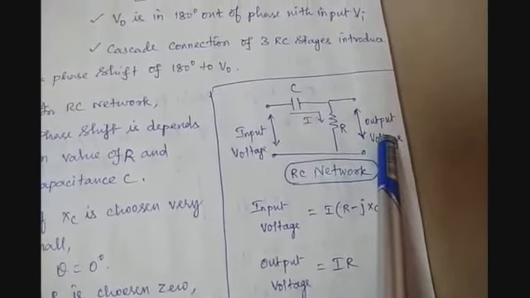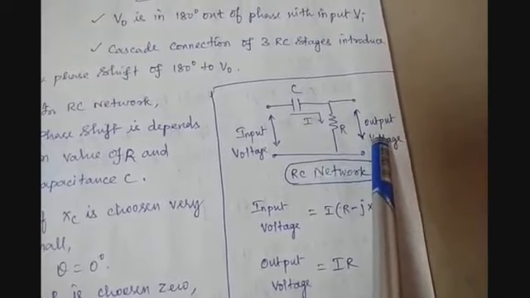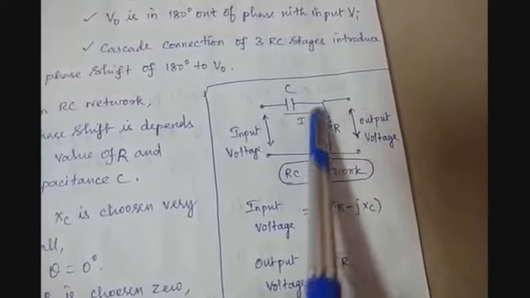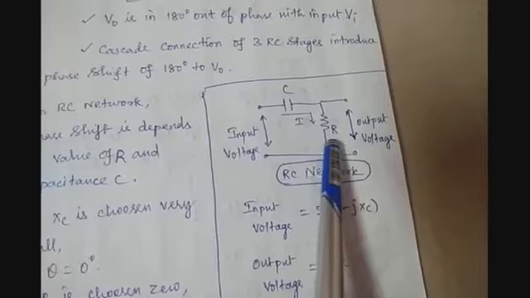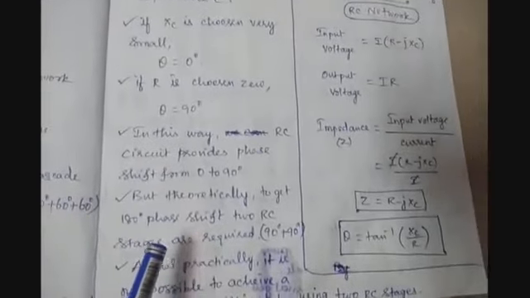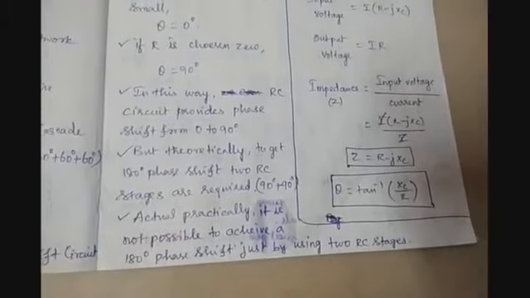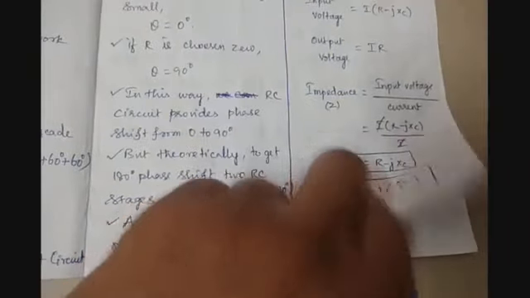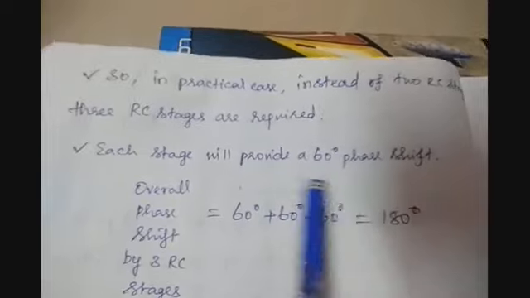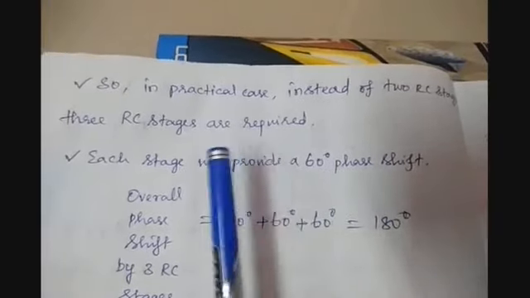So this should not happen, so we cannot take R equal to 0. That's why, instead of 90 degrees, we are going to get only 60 degree phase shift by using one stage.